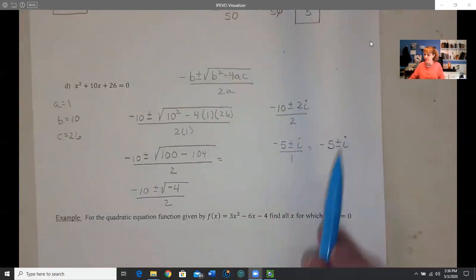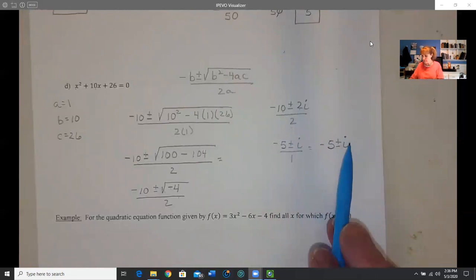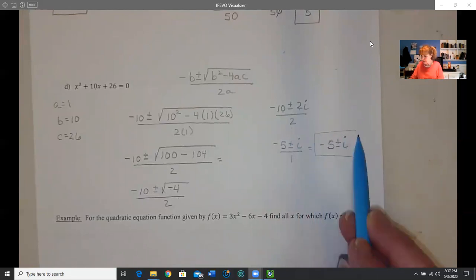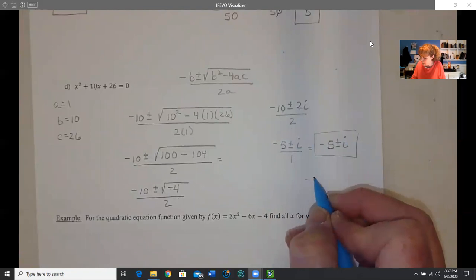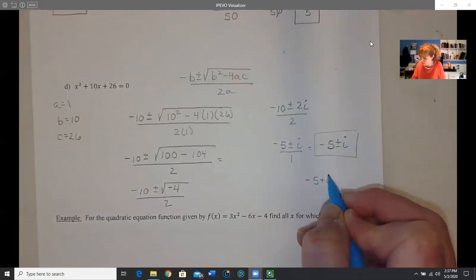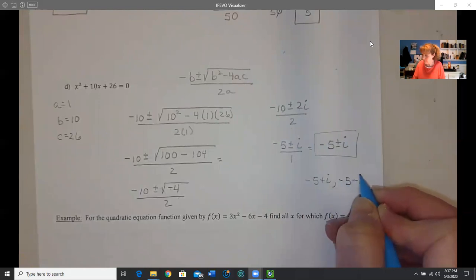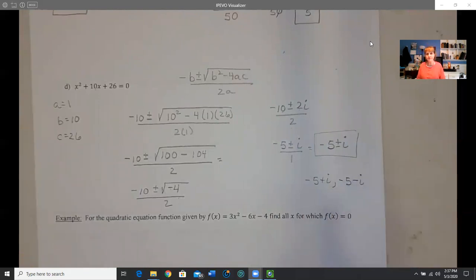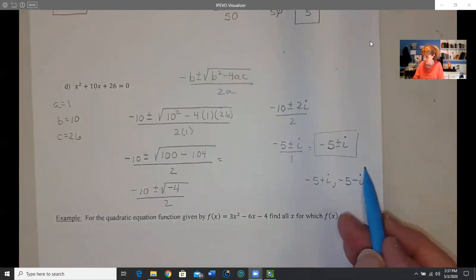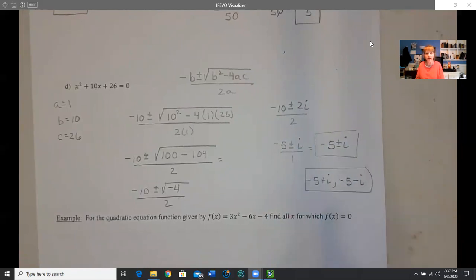Now, this, you have a real part and you have your imaginary part of your complex number. Now, it may accept this, my math lab, or you may have to separate it out like that: minus 5 minus i. Either way, it really wasn't too bad.